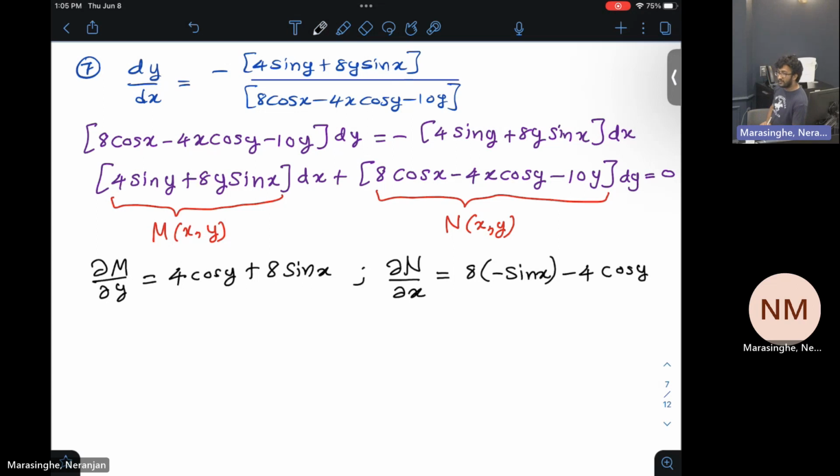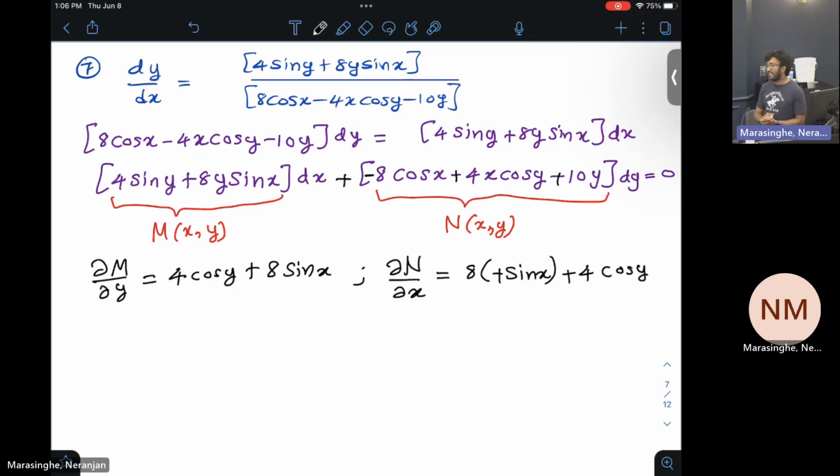This is not exact, right? So I would change the signs, right? Because I would like to have an exact equation. Then we can solve that, right? So I would remove this negative sign, and this would become negative, and at the end, this would become negative, positive, positive. So you would get positive.